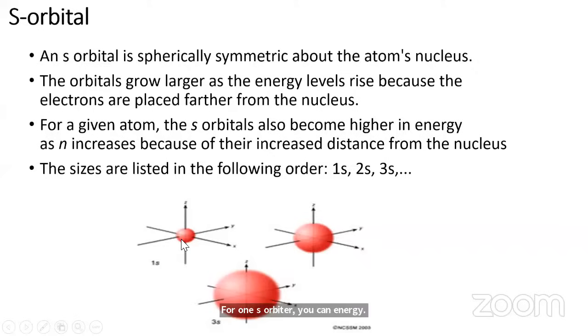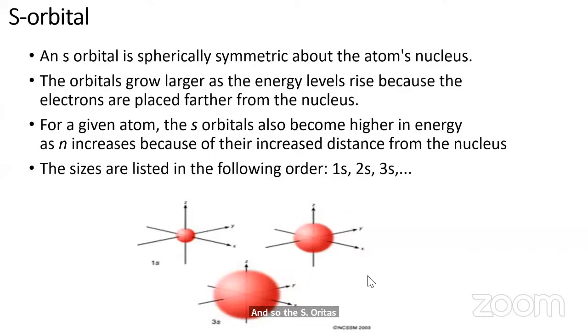So as n increases, going from 1 to 2, there is going to be an increase in the s orbital. This is because we are increasing the distance from the nucleus. Like we saw in the first scheme, as the number n increases, the electrons are further away from the nucleus. And so the s orbitals will increase.